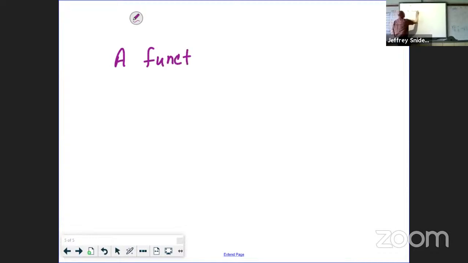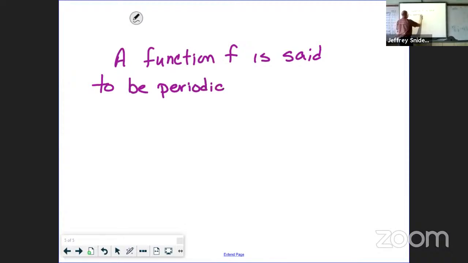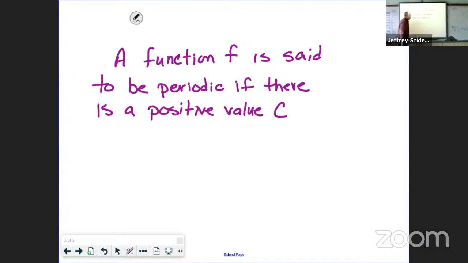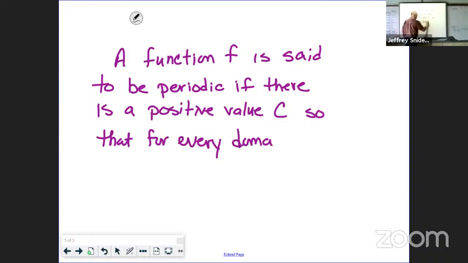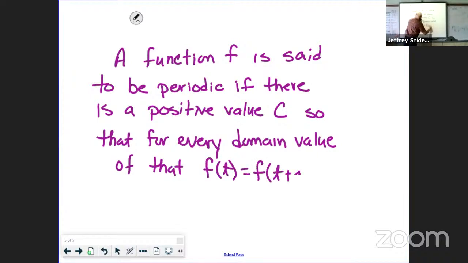A function, f, is said to be periodic if there is a positive value c, so that for every domain value of f, f of t is equal to f of t plus c.